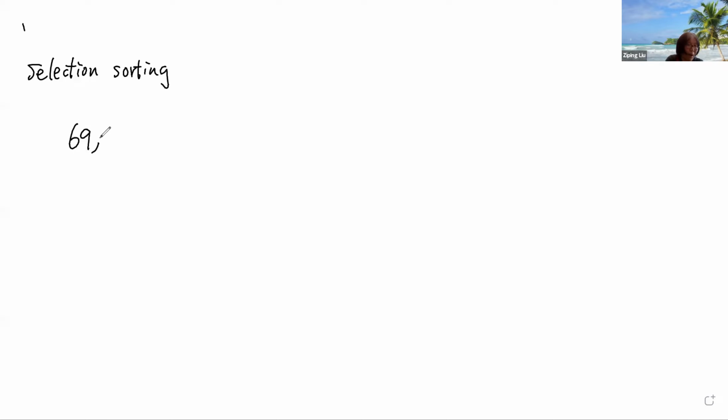We have 69, and then we have 35, then 18, then 87, 50, 58, 79. Okay, same sequence of numbers as the other one, but this time we are going to apply a new algorithm called the selection sort.